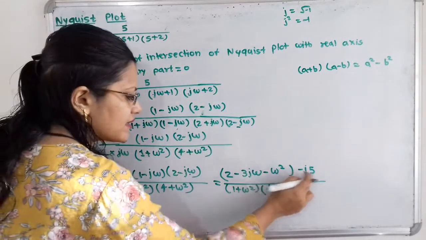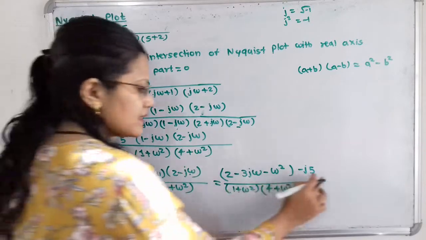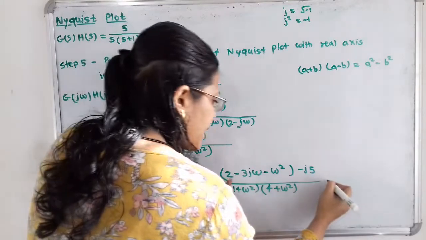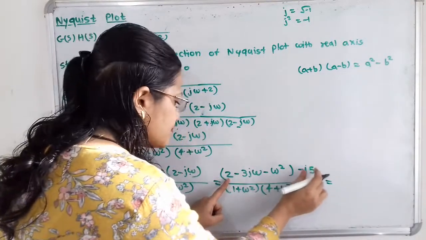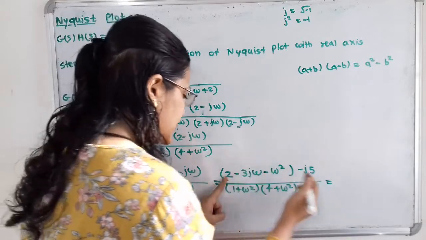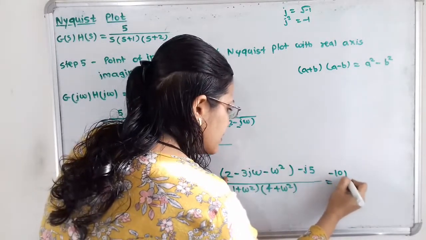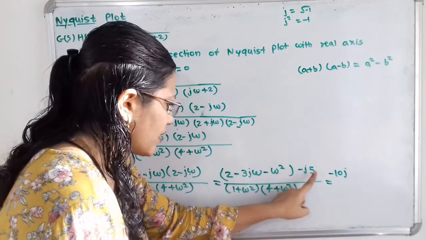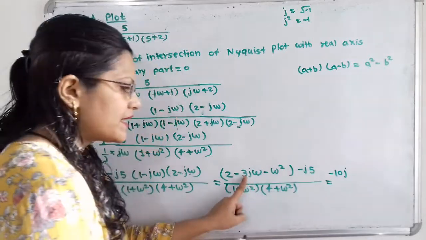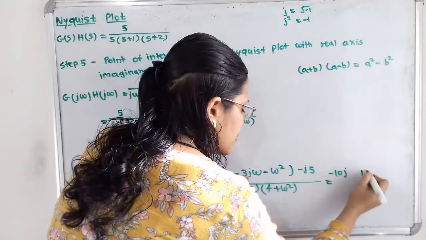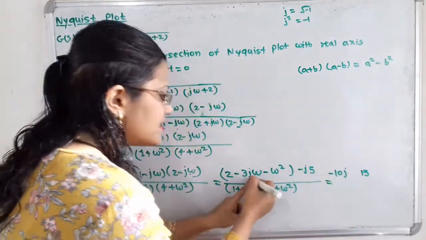Now again with minus j 5 I will multiply inside the bracket. Minus j 5 into 2, that is minus 10j. Then minus j 5 into minus 3j omega. So 5 multiplied by 3, that is 15. Then j into j is j square.